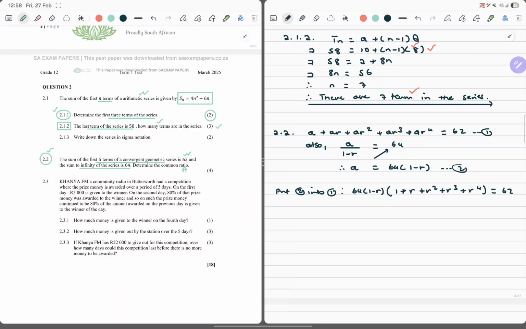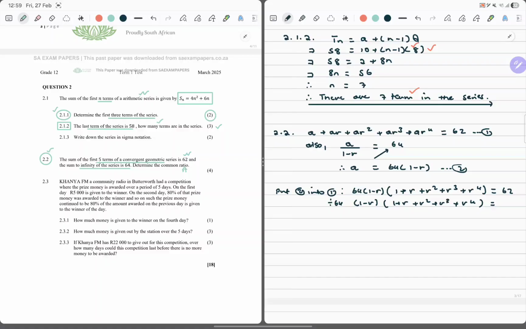Now, folks, we can already do the things that we need to do. And what are these things? We can divide by 64 to get rid of that. So what we end up with is 1 minus r into 1 plus r plus r squared plus r cubed plus r to the 4 equal to 62 divided by 64.